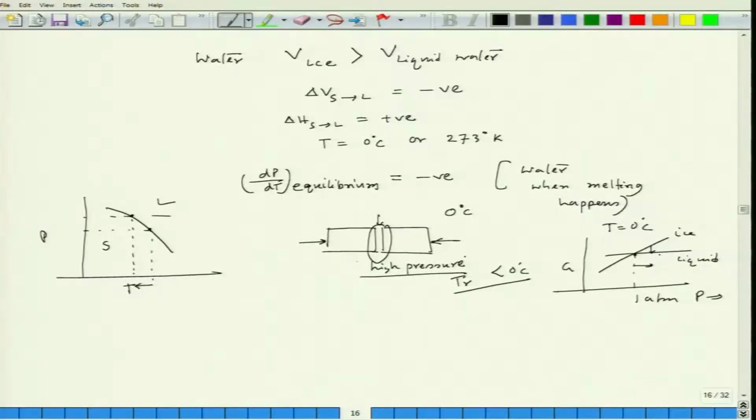Now, if we release the pressure, the melting temperature again goes back to 0 degree. So, what would happen? It would again solidify, and that is how this particular block gets connected, and this phenomenon we always see.